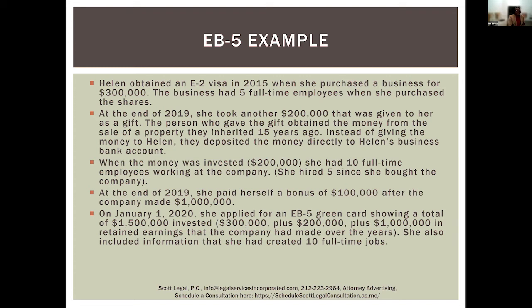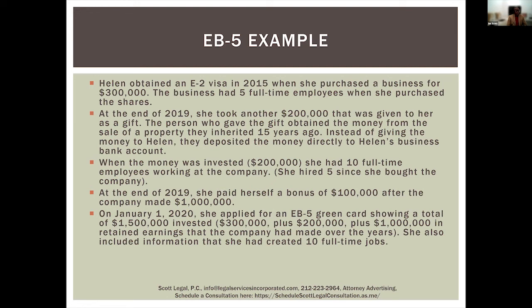The government in that instance is going to say, well, that's nice, she only invested $400,000 because $100,000 actually went to her. So when you're right at the amount of the 500,000, you really have to be careful when you look at distributions to owners, because that can really come back to haunt you, and USCIS will raise it.